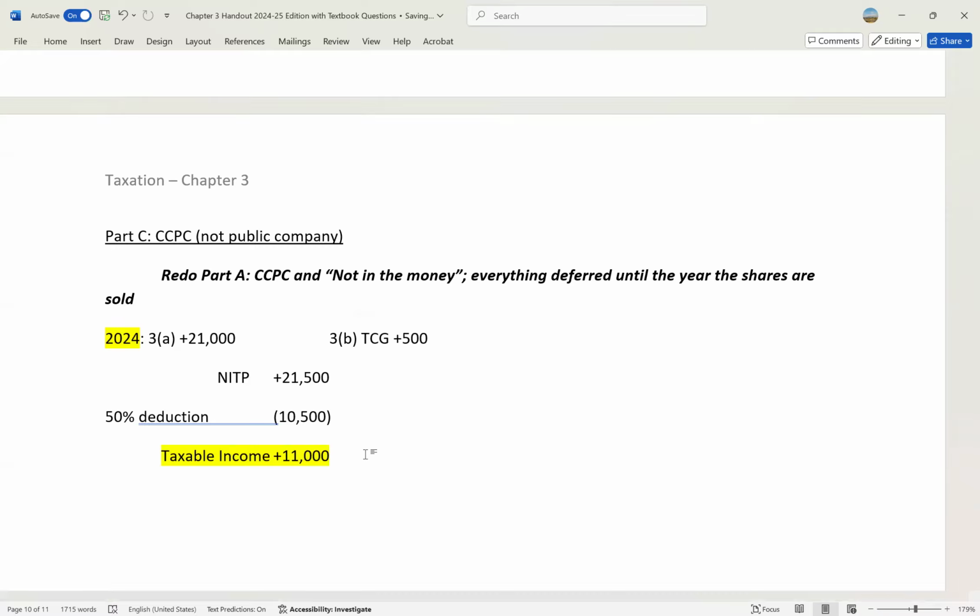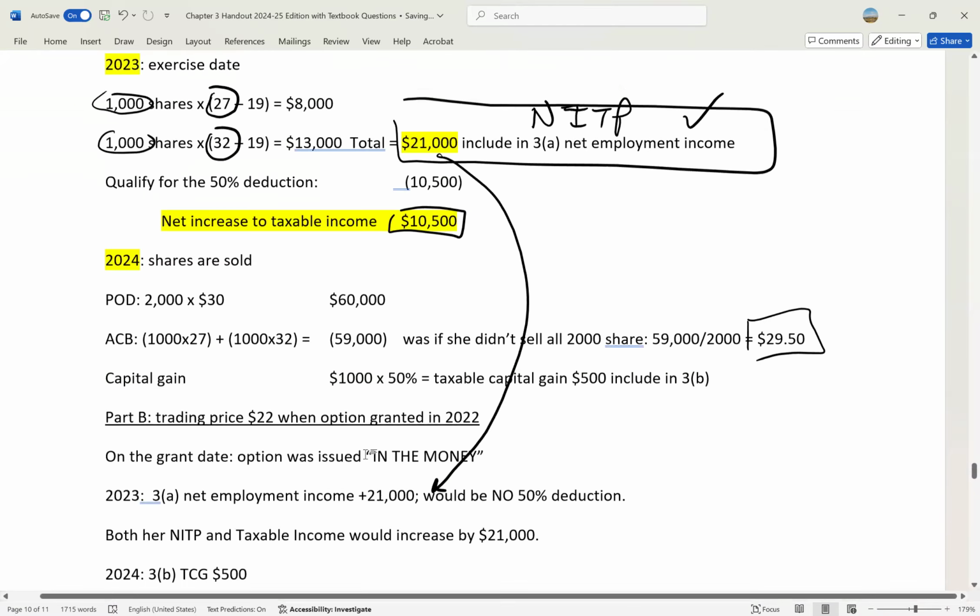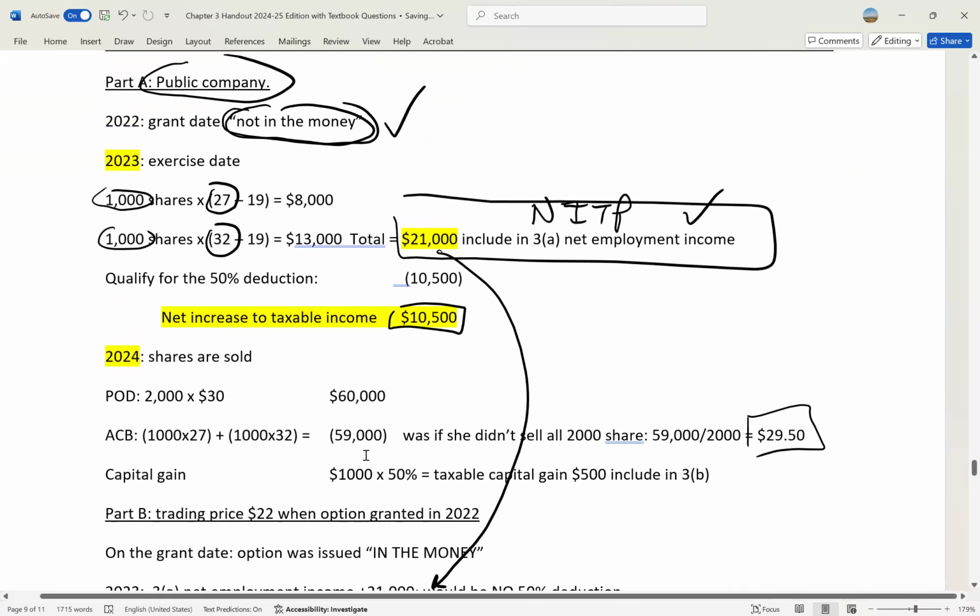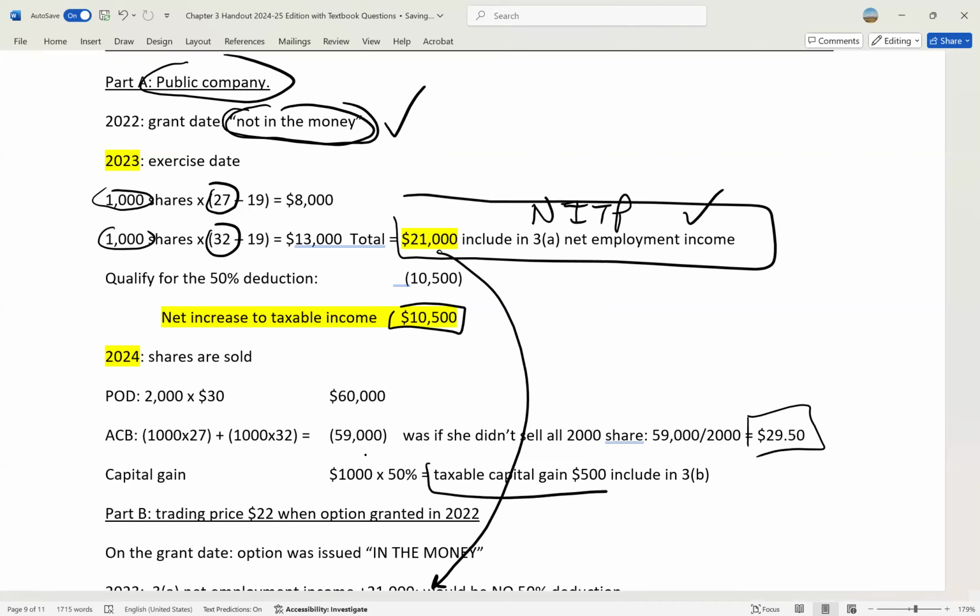But if we go back to part A here, we'll see that the overall increase is still 11,000. 10,500 in 2023, 500 in 2024. So the overall increase is still 11,000 to taxable income, but it's just that if it's a public company, that employment income amount is included in the year the stock option is exercised.